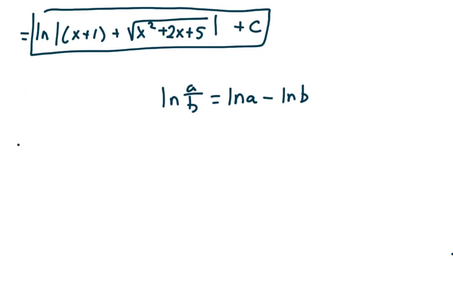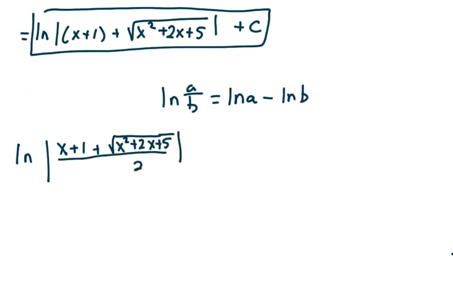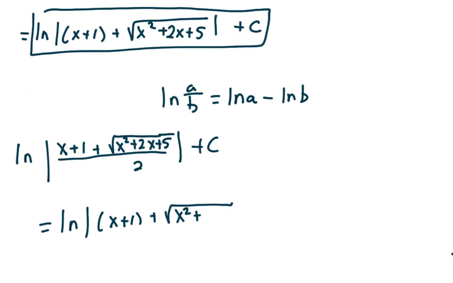And so when I had the natural log of x plus 1 plus the square root of x squared plus 2x plus 5, all divided by 2, plus c, well, this can be written as natural log of x plus 1 plus the square root of x squared plus 2x plus 5, minus natural log of 2, plus c. But minus the natural log of 2 plus c is still one big fat constant.